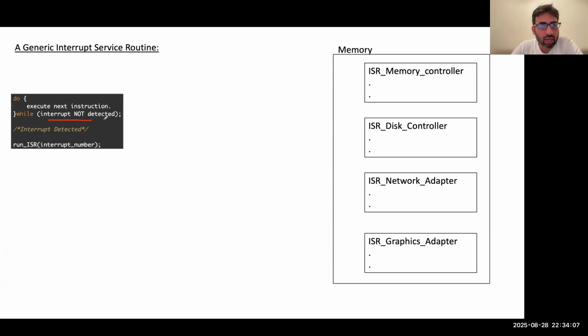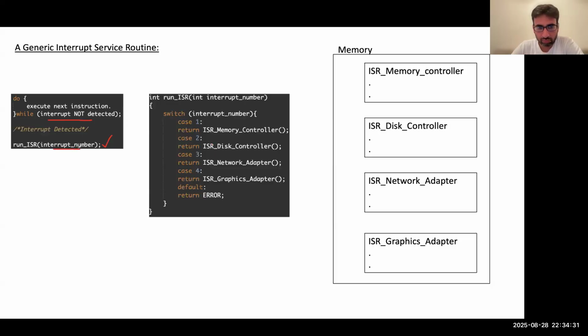If an interrupt is not detected, you go back to the loop and execute the next instruction, and keep doing so until the CPU detects that an interrupt signal is active. In that case, your operating system will execute this generic interrupt service routine, run ISR, where it passes the interrupt number.